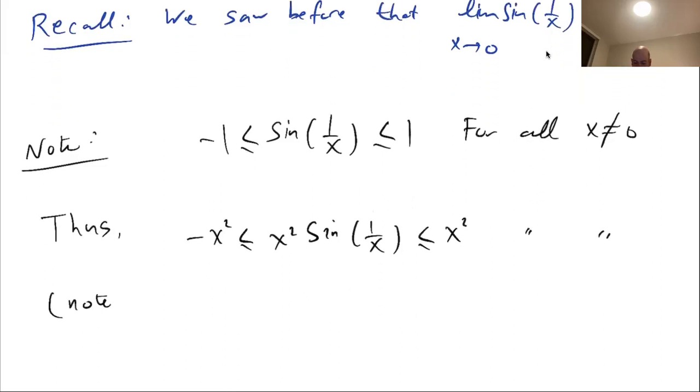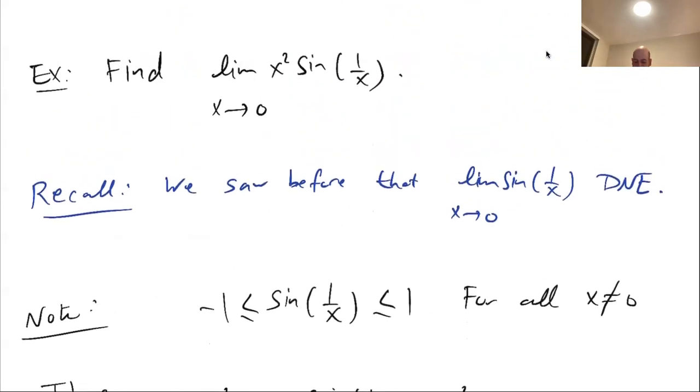Note that x squared is always non-negative. It's 0 if x is 0, and otherwise it's positive. And right now we can assume, of course, that x is not equal to 0, because we calculate the limit as x approaches 0, and x approaching 0 means, as you know, x gets very close to 0 but is not equal to 0.